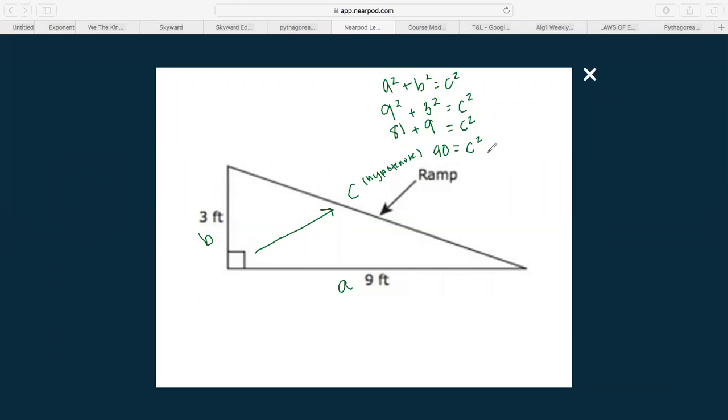So we need to know what the actual, the regular C is.